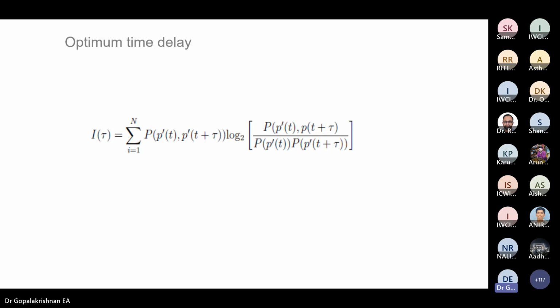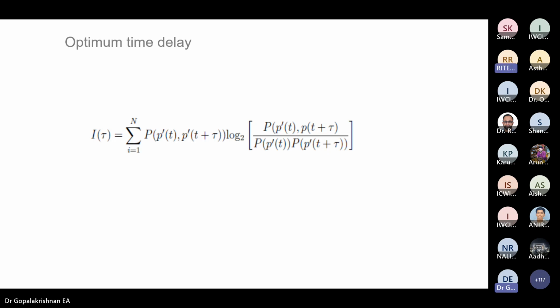So now, in order to create this phase space from a single observation, what you should do is calculate two parameters. One is known as the optimum time delay.